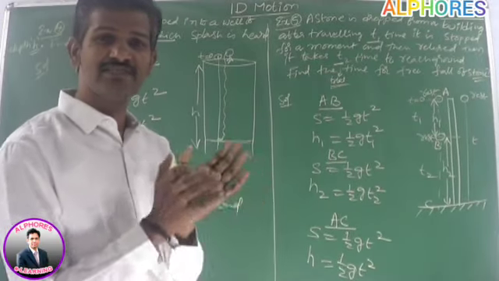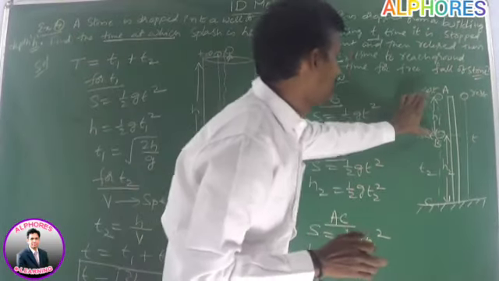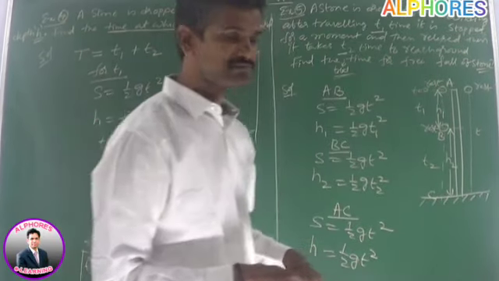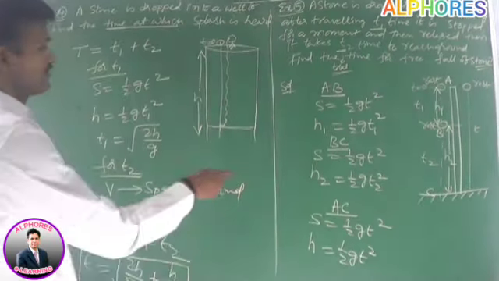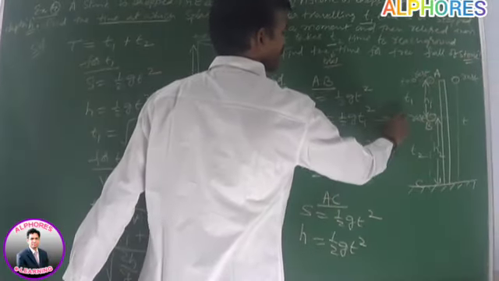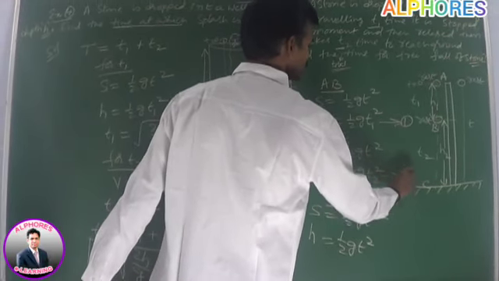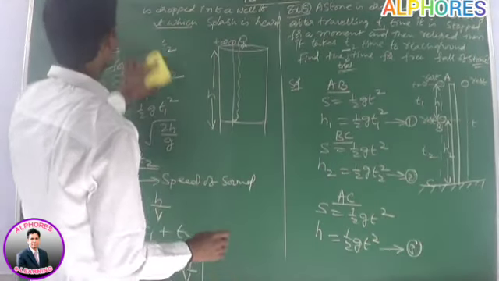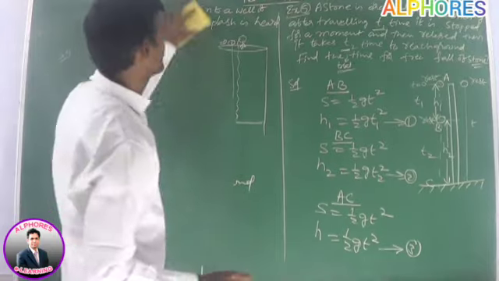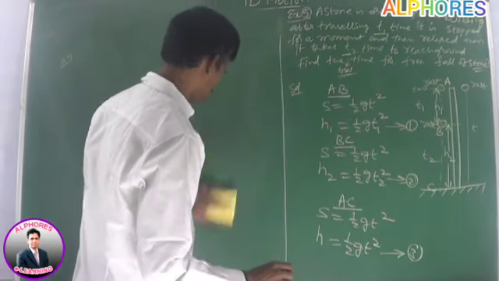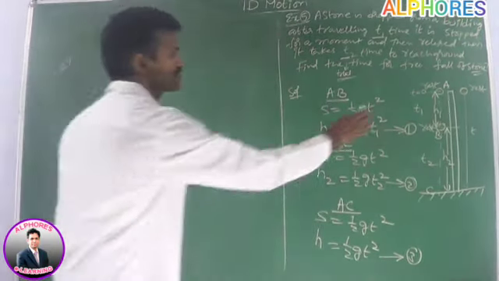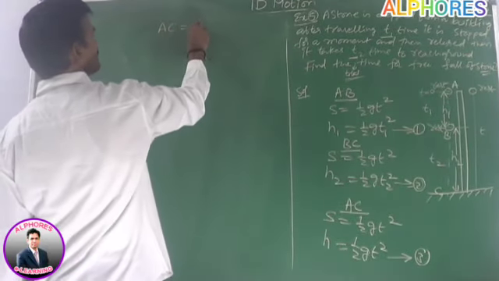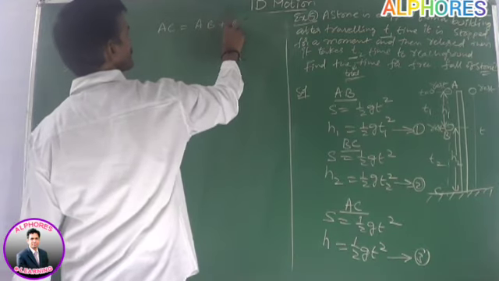Students, the total situation is divided into three cases: case 1 A to B, case 2 B to C, case 3 A to C. This is our equation 1, this is our equation 2, and here it is our equation 3. We already know that the total distance AC can be divided into AB plus BC.